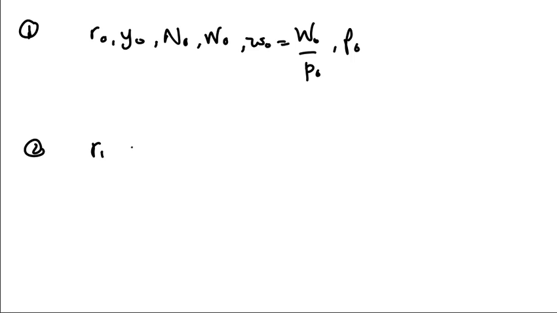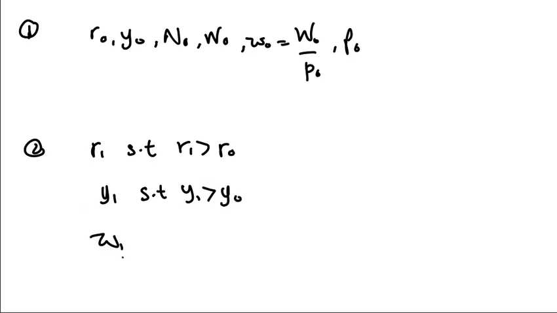We have R1 such that R1 is bigger than R0. We have Y1 such that Y1 is also bigger than Y0. We also have W1 real wage. We also have nominal wage W1. And we also have P1. Try to see whether they are bigger or less or equal to the previous variables.